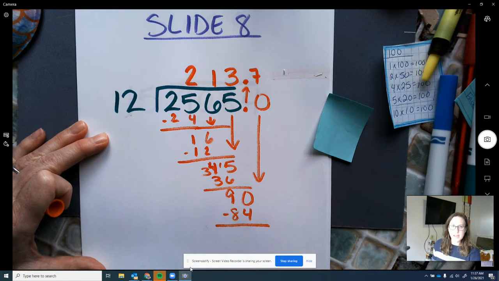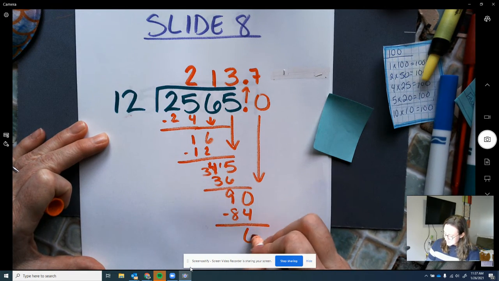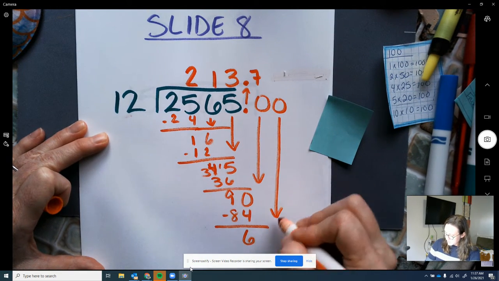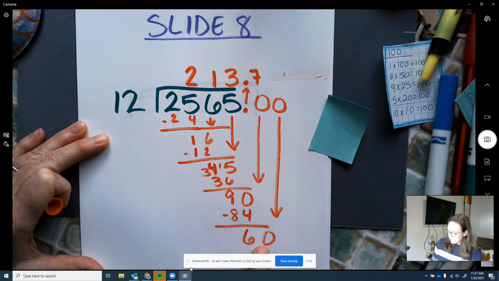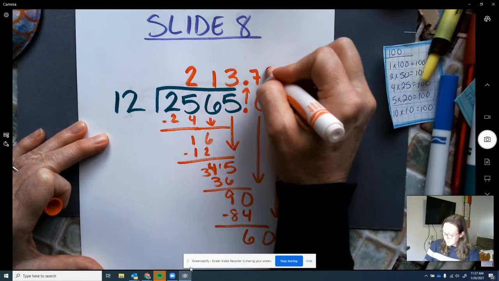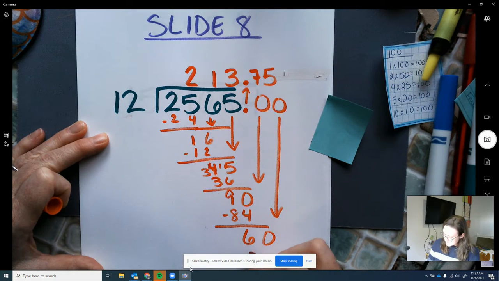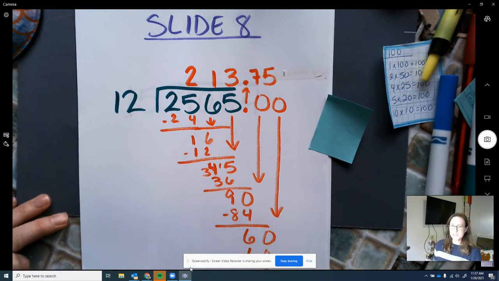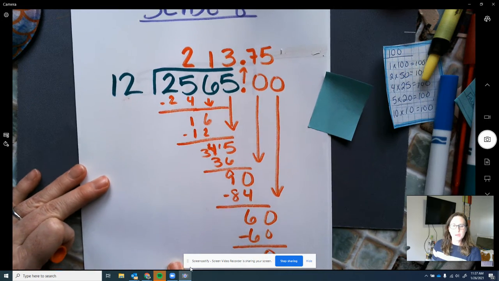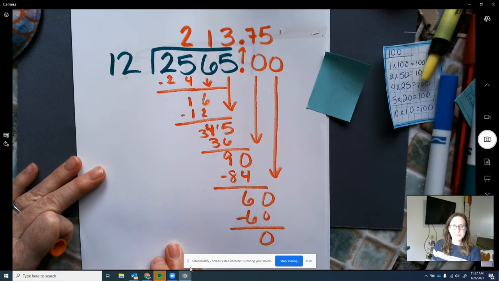I subtract that. I've got 6 left. I bring down another 0. 12 goes into 60 5 times exactly, because 5 times 12 is 60. Subtract that, I've got 0 left. So I am done. Okay, so that was slide 8.